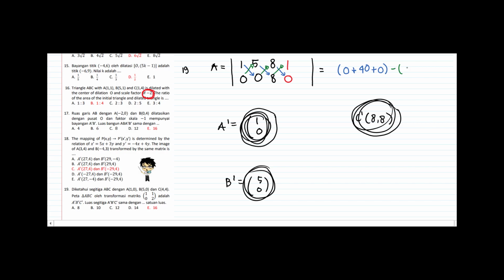Minus 0 plus 0 plus 8. And then minus, it will become 32. Because we use this method, there is a half in front, so we must multiply by half, so the result is 16. See, it's the same. It's way faster.